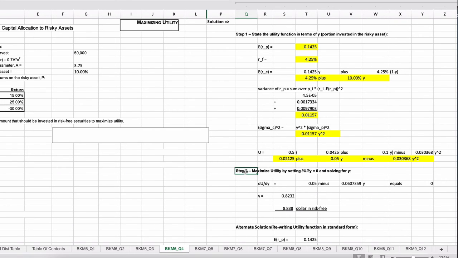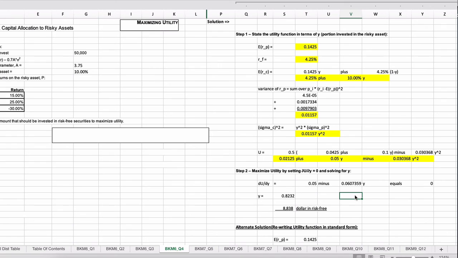The second step is to take the derivative of the utility function up here. dU/dY is equal to 0.05 minus 2 times the constant, which is 0.0607 times Y, and we set it equal to 0.